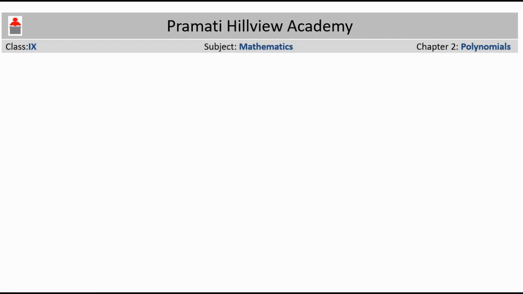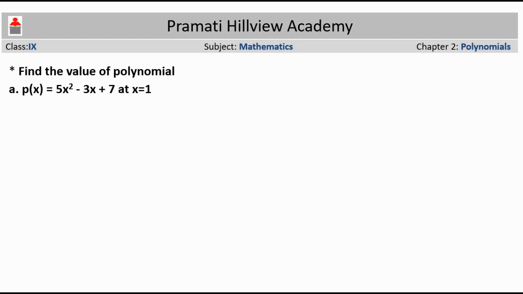Now let's solve the problems based on zeros of a polynomial. Let's find the value of the given polynomials. For example, p of x equals 5x square minus 3x plus 7 at x equals 1. Solution. Let p of x equal 5x square minus 3x plus 7.